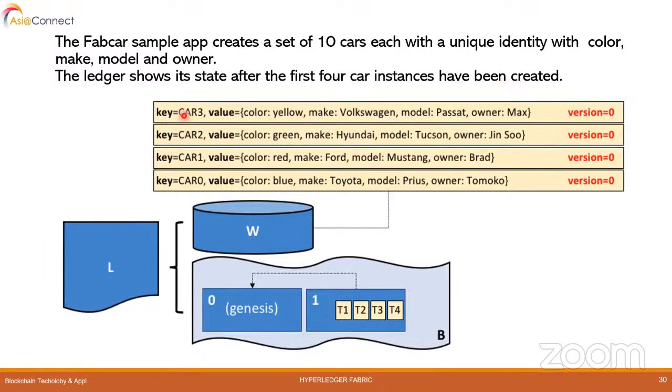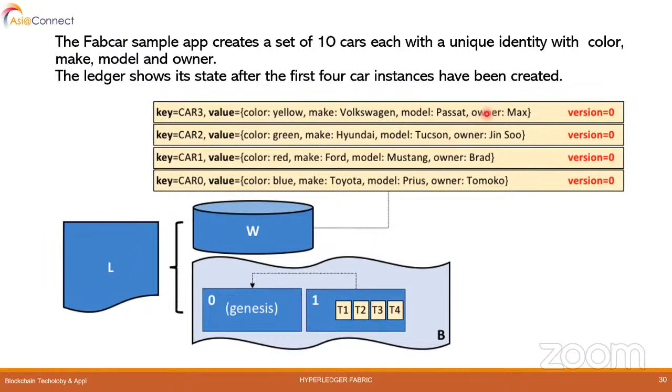You can see here there are 4 keys and the corresponding values. This is the Genesis block. After the Genesis block is created, these 4 car instances have been created and recorded in the blockchain, and then accordingly the world state is this.